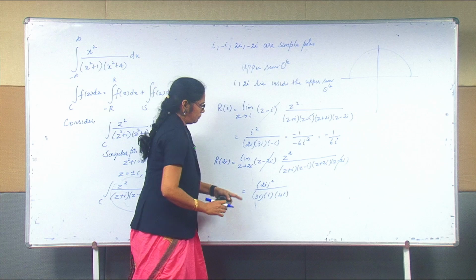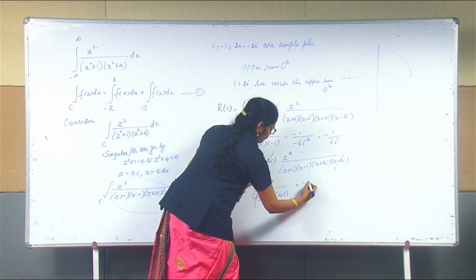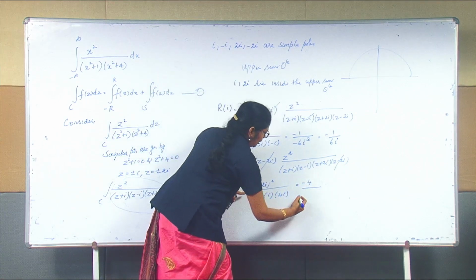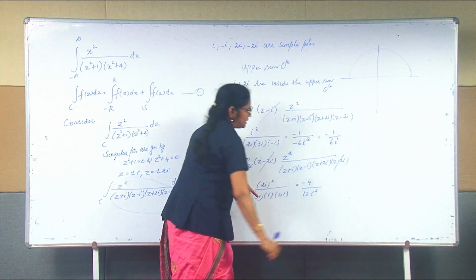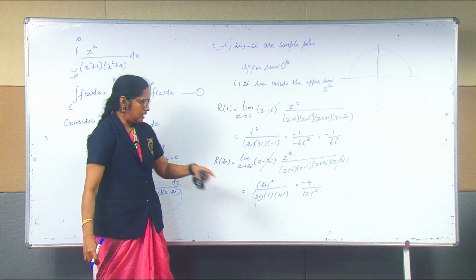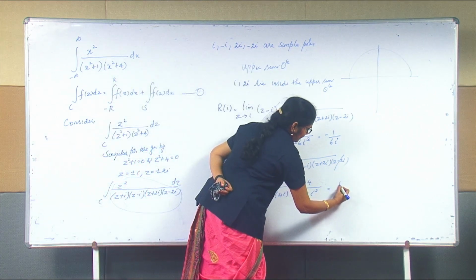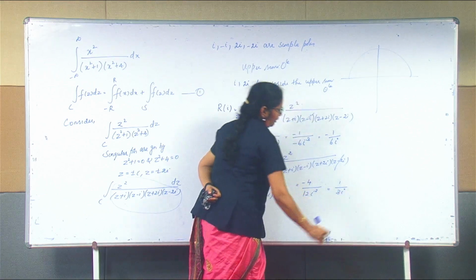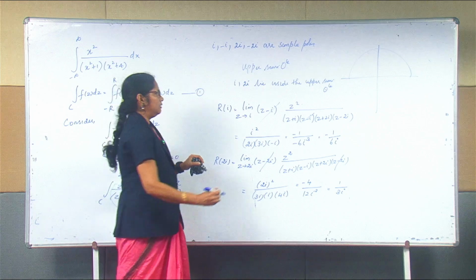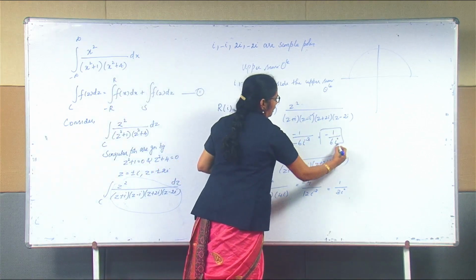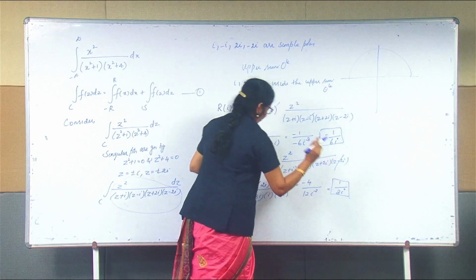Now we do the simplification. The numerator is minus 4, the denominator is 12i cube. 12i cube is nothing but minus 12i, so the minus gets cancelled, giving 1 by 3i. So this is R of i, and this is R of 2i.